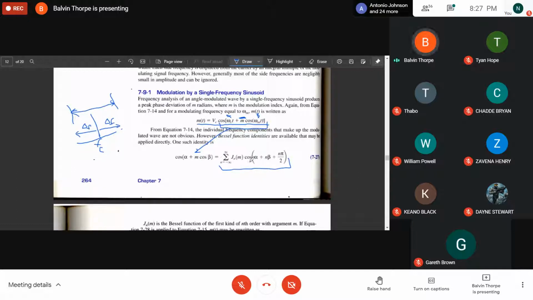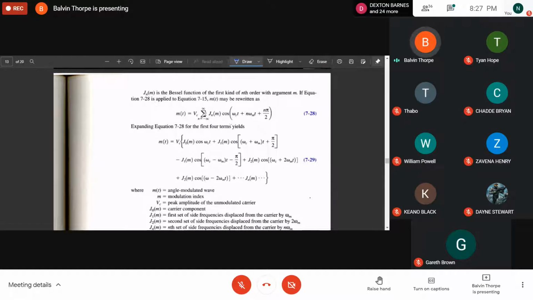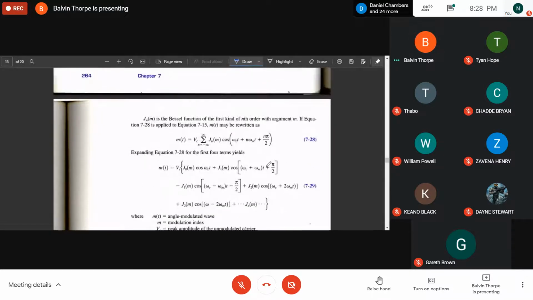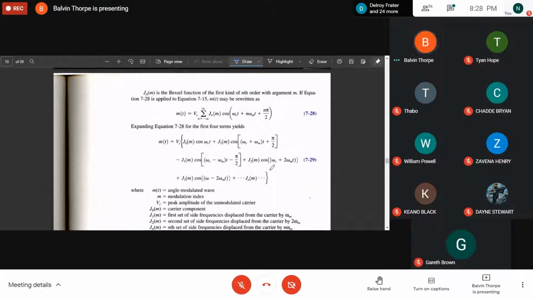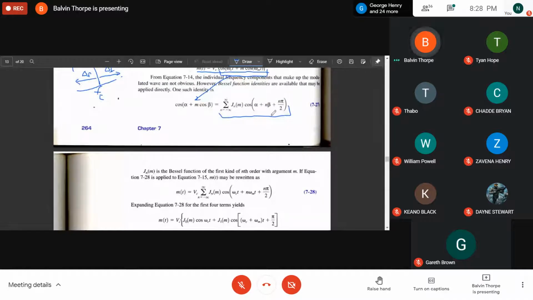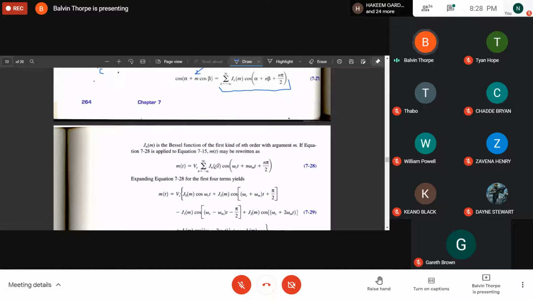Expression mathematically. Again, as I said to you, ladies and gentlemen, you do not need to know the maths, which is what she was going through, and which is what all of this is going through, right? The Bessel function. Now, what you get from the Bessel function is a couple of things. This expression here can be rewritten as this, where we're looking at odd and even values for n.